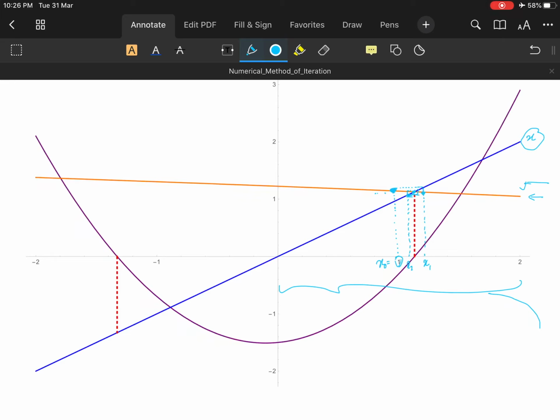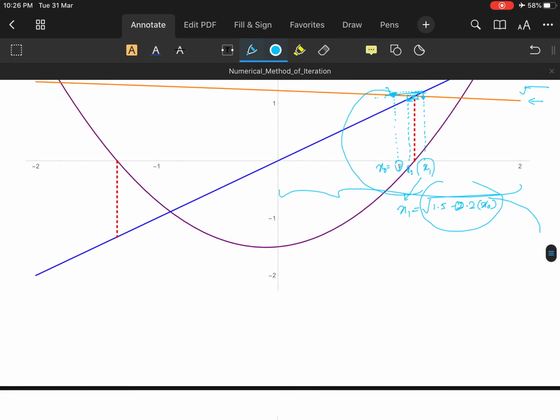That's why x1 depends on the value of 1.5 minus 0.2 times x naught, because this part is actually this value, and this value on this line is x1. So that is for the first relation.